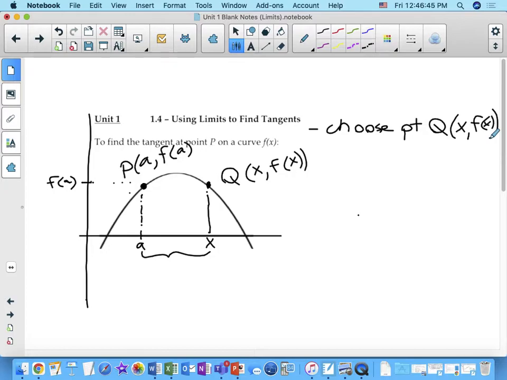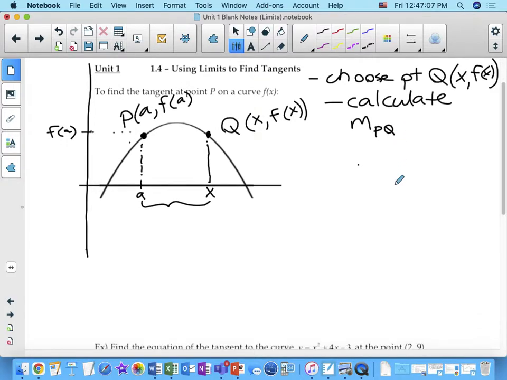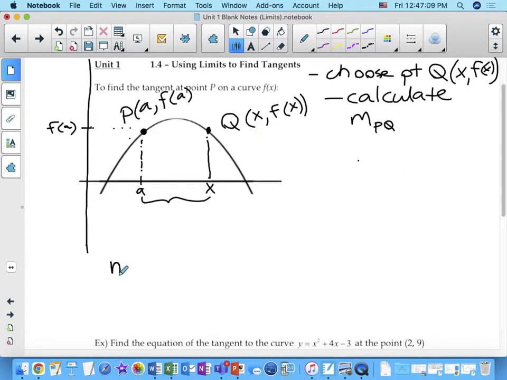And what we did the other day was we calculate the slope of PQ, right? So we found that slope using those two coordinates. And if you remember the slope formula, y2 minus y1 over x2 minus x1.